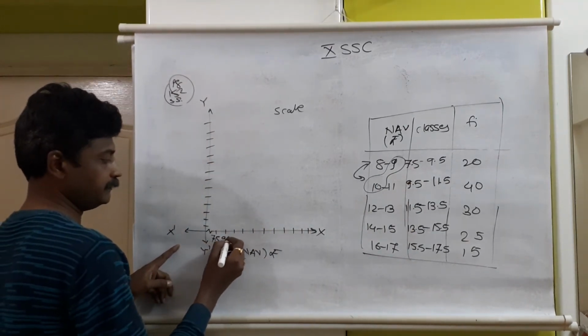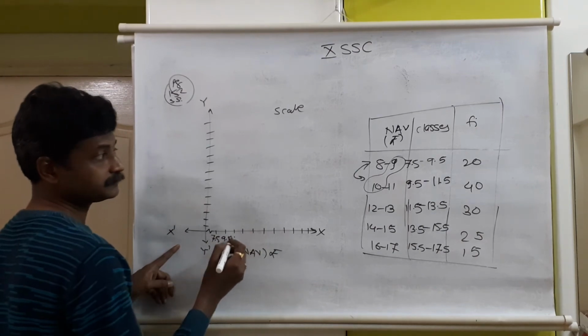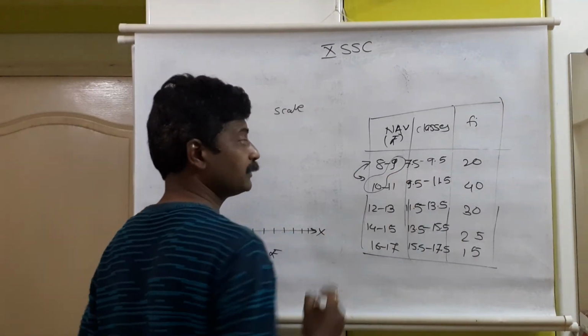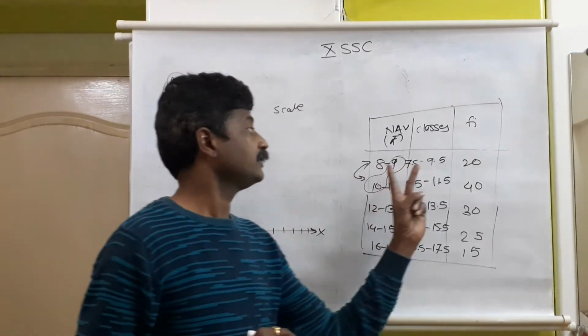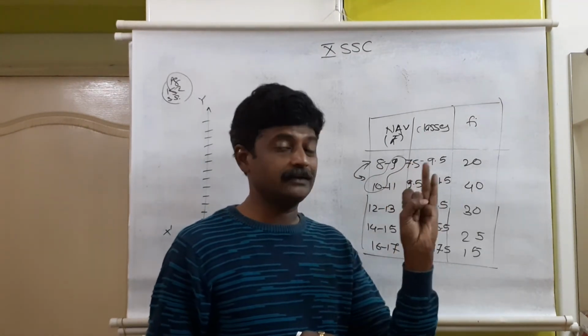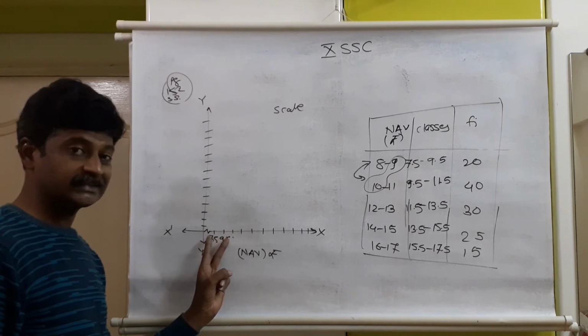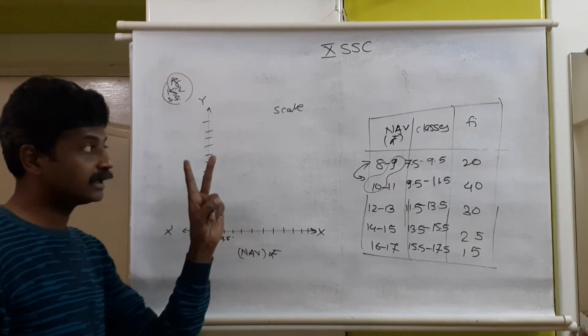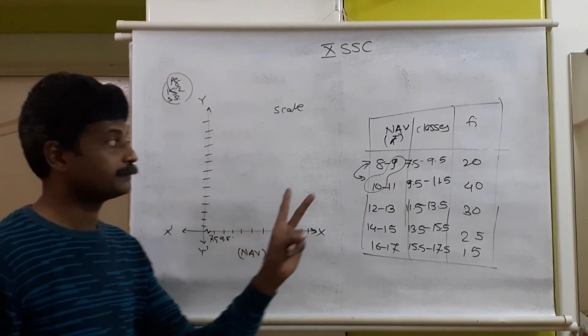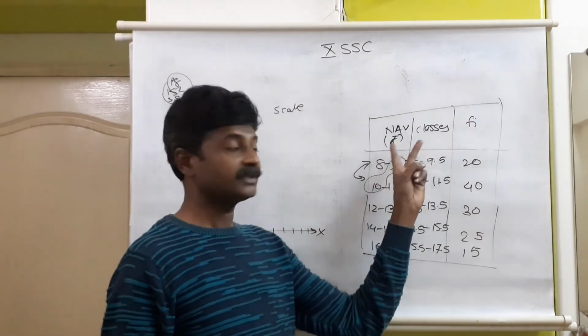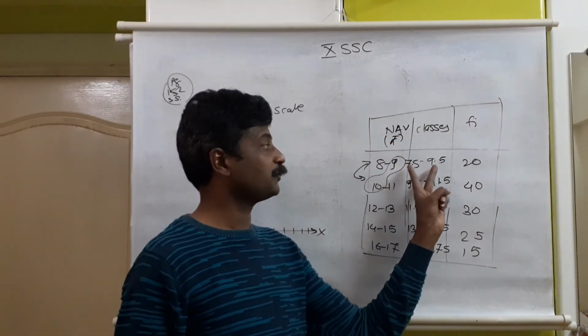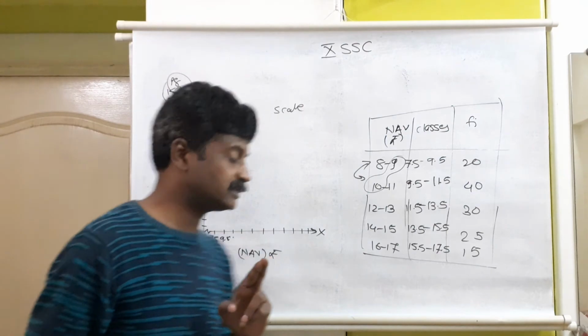7.5, then 9.5; next is 7.5 to 9.5. What is the difference here? 7.5, 8.5, 9.5. A difference of 2 means 1 centimeter on the x-axis. 1 centimeter will cover 2 units, or 2 rupees, because this is in rupees. 7.5 to 9.5, 2 rupees is the difference.